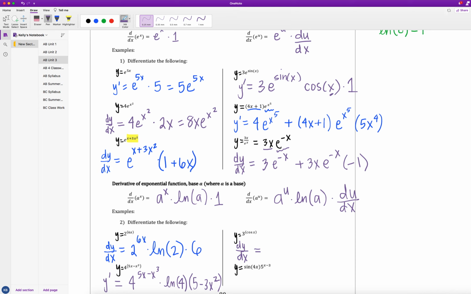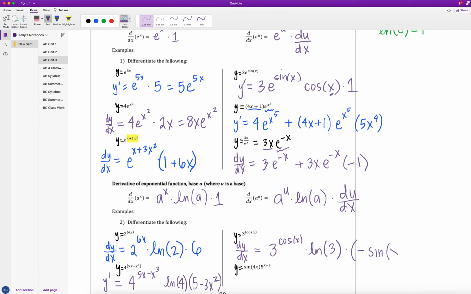So to do that, our base here is 3, our exponent is cosine of x, so I'll get 3 to the cosine of x again, times the natural log of the base, so natural log of 3, times the derivative of the exponent. And the derivative of cosine is negative sine.